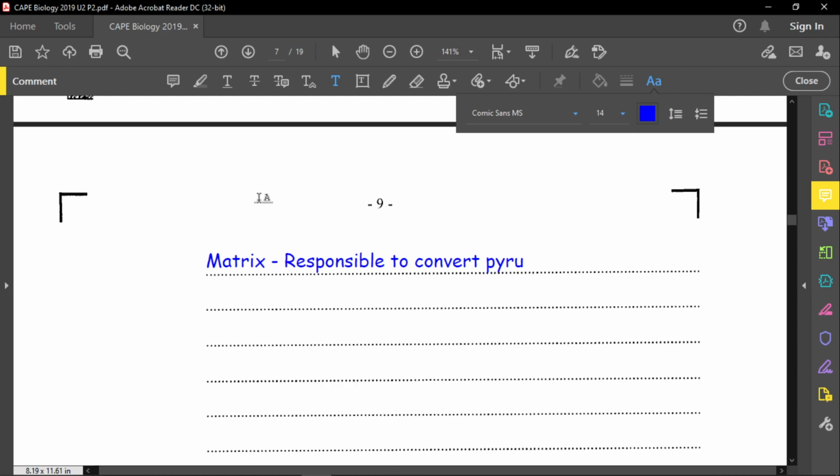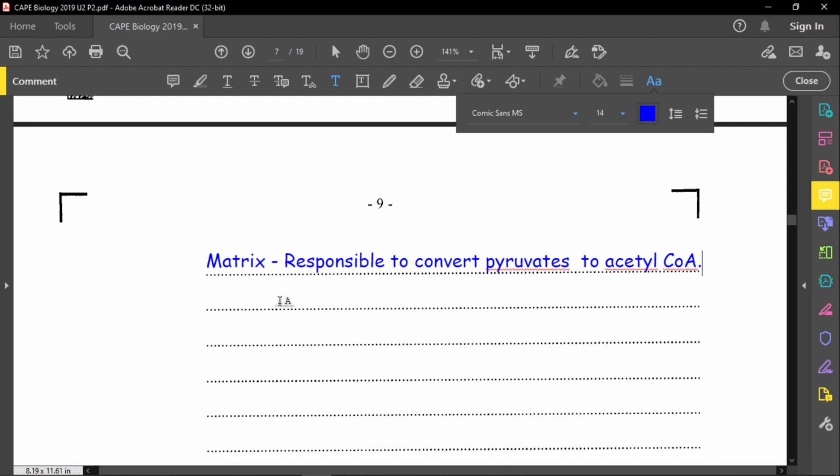Remember, the pyruvate comes from glycolysis, right? So it converts pyruvates, because there are two molecules of pyruvate, to acetyl CoA. Very important to make a note of that.